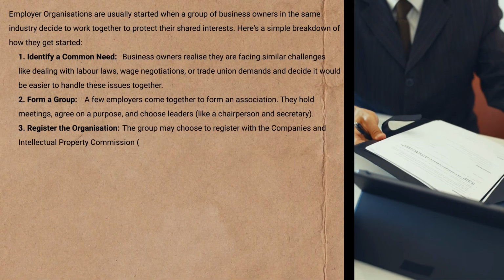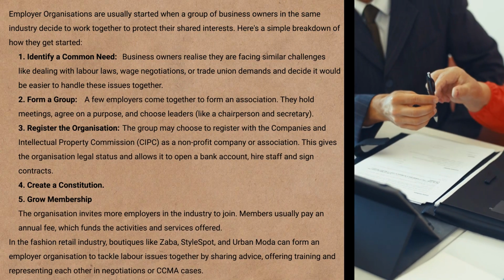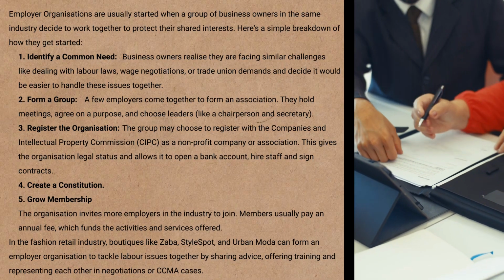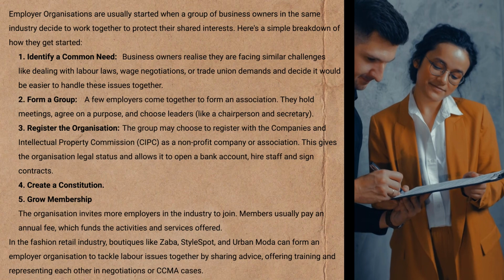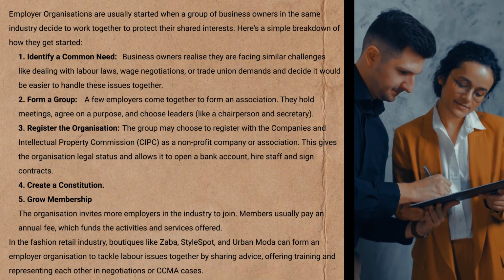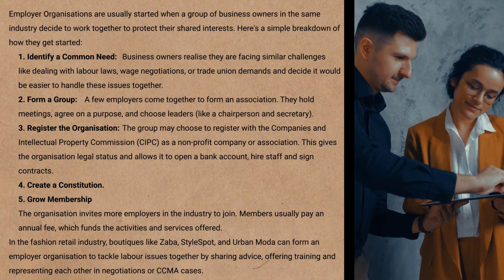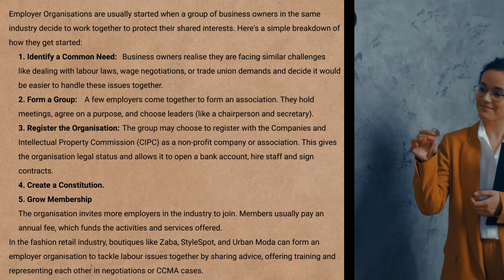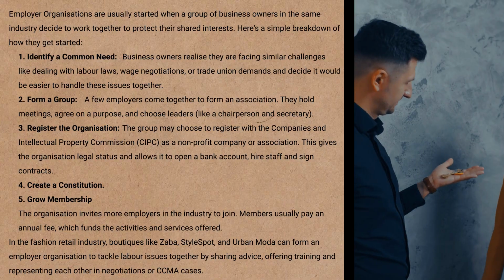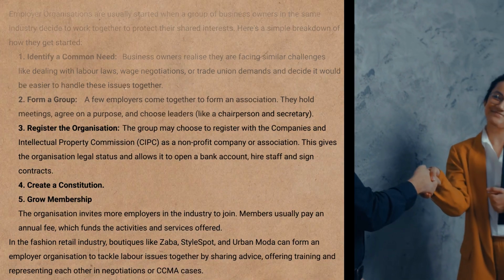Joining together: businesses decide to team up, usually because they operate in the same industry or face similar challenges. Membership: companies pay to be members, kind of like joining a gym or a club, but for business benefits. Structure: they have leaders, rules, and sometimes even their own office or staff to manage everything.